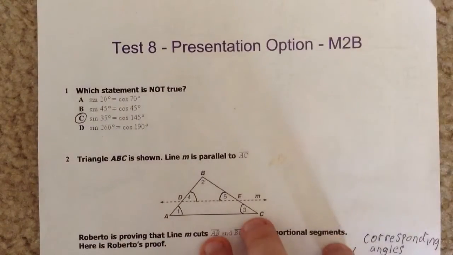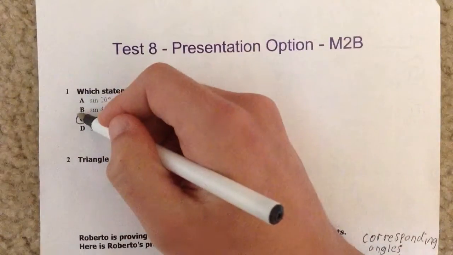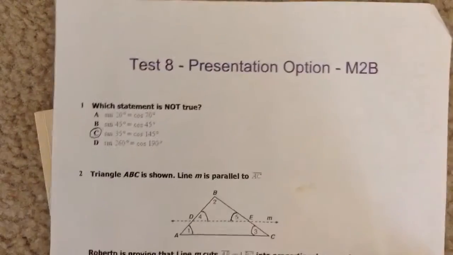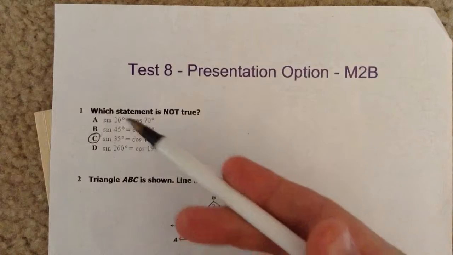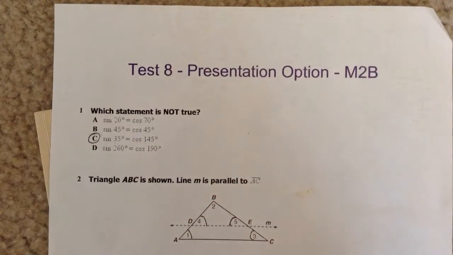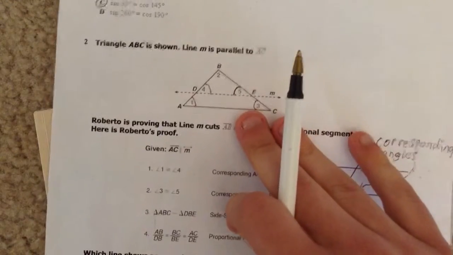So, which statement is not true? C is not true. Alright. And now you could also go through and calculate all these other ones, but for the sake of time, I won't do that.